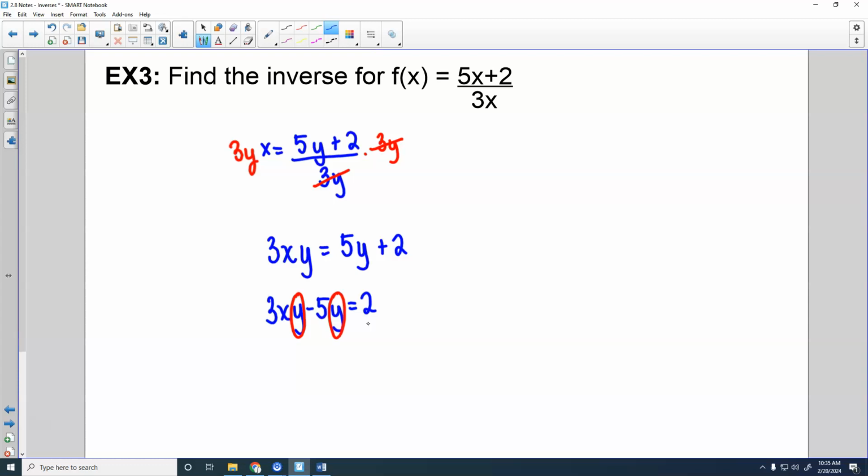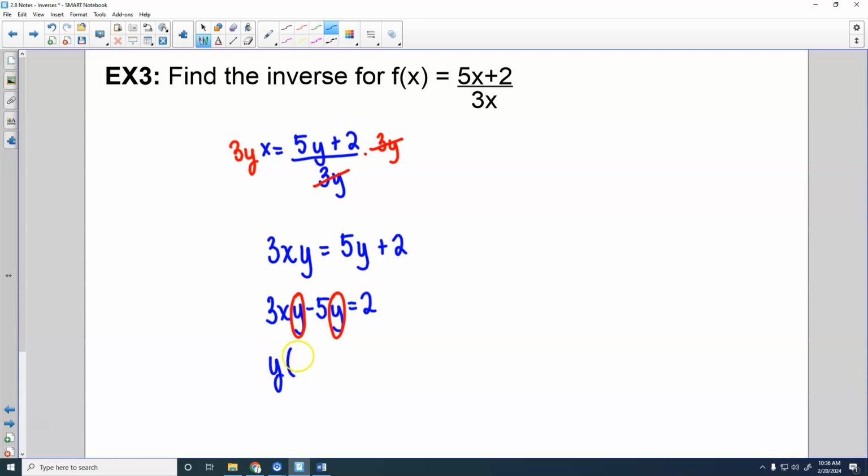I can't put them together as a y squared because they're not multiplied together. No, because of the other terms where we got a 3x with one of them and a 5 with the other. Like if it was a 3x and a 5x, we could do that, but we cannot do that here. What if we factor this y out?